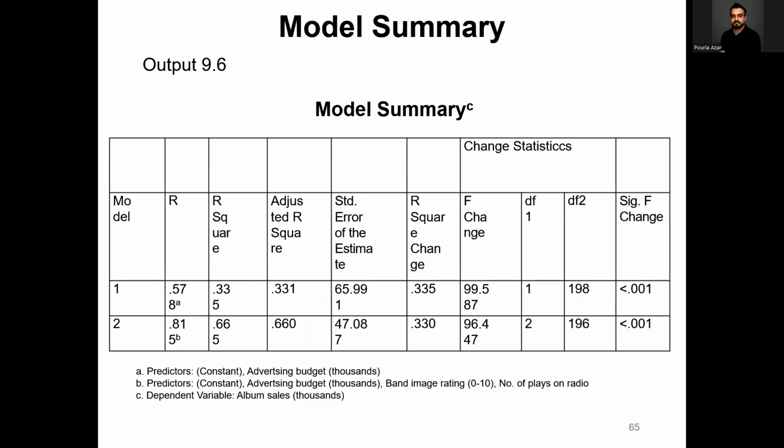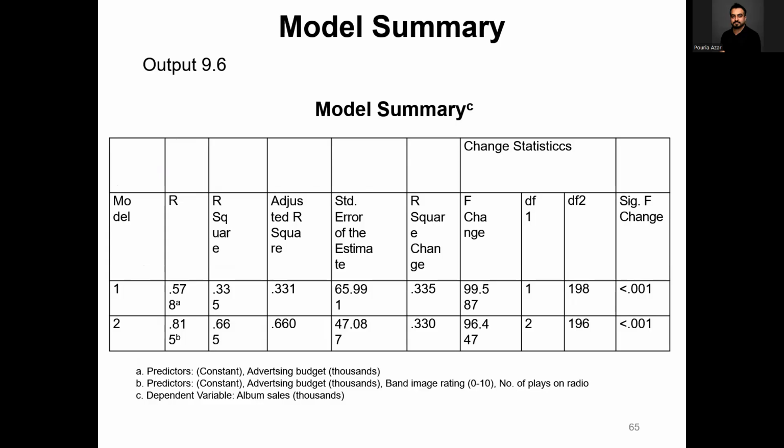So here, this is the model summary for multiple linear regression. We have a column on the left side called model. We have model 1 and model 2. So model 1 is simple linear regression, which means we have only one predictor variable, and our R will be 0.578, with R squared and adjusted R squared.